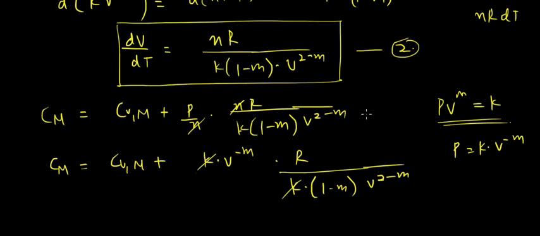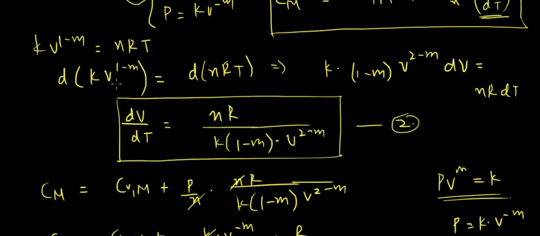rather, I think we have made some mistake here. So d of x to the power n is n x to the power n minus 1. So d of V to the power 1 minus m, with 1 minus m as n, would be 1 minus m times x to the power 1 minus m minus 1.